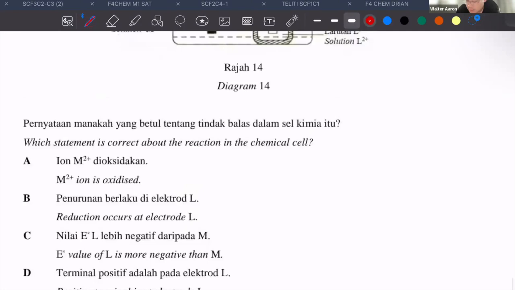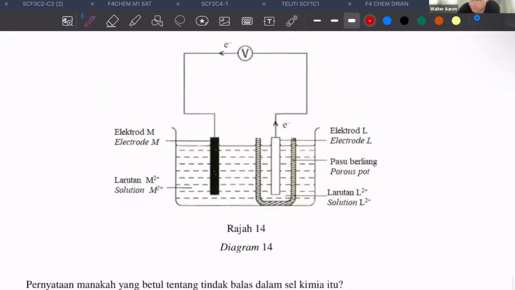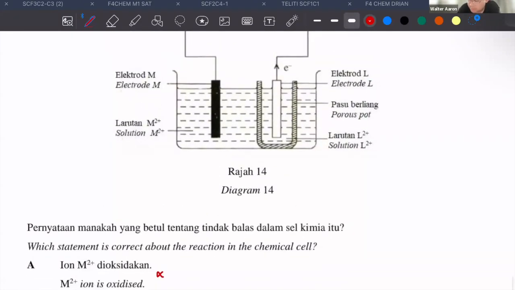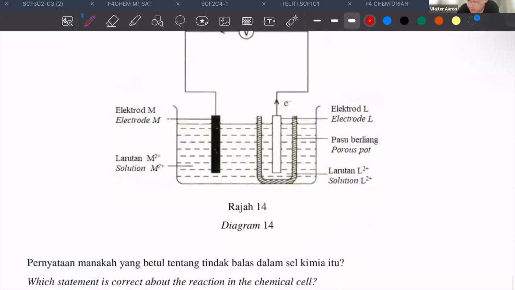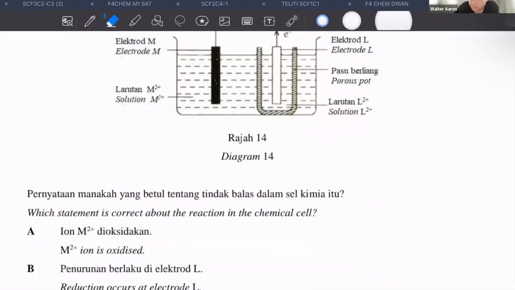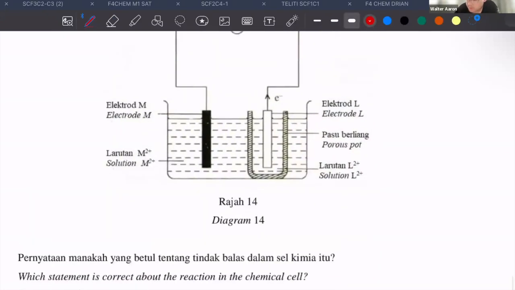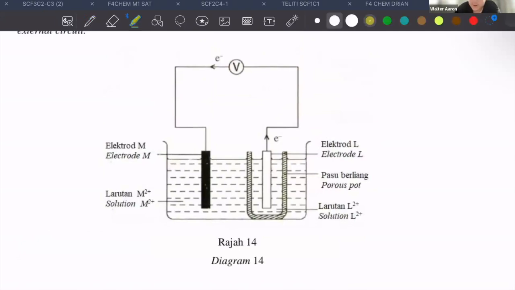M2 plus is oxidized. Wrong. M is oxidized. What happens here will be, L is the one that oxidized. So you see electron flows from the right to the left in this direction. So that tells you that L is more electropositive, or should I say more reactive in this case.